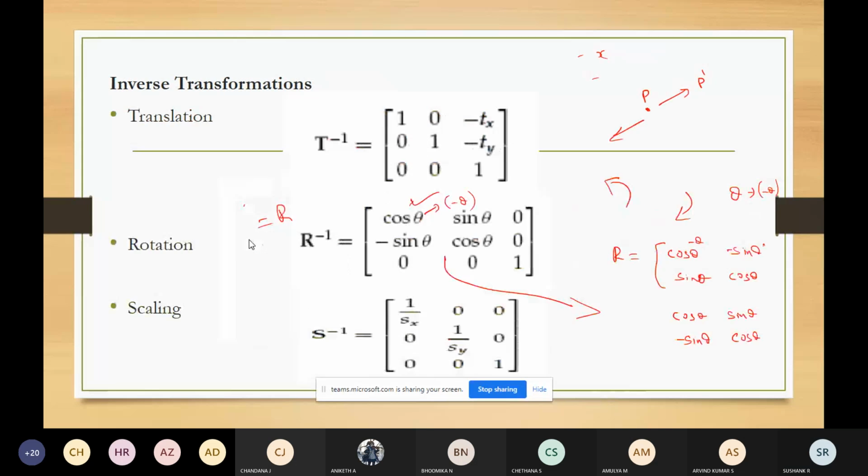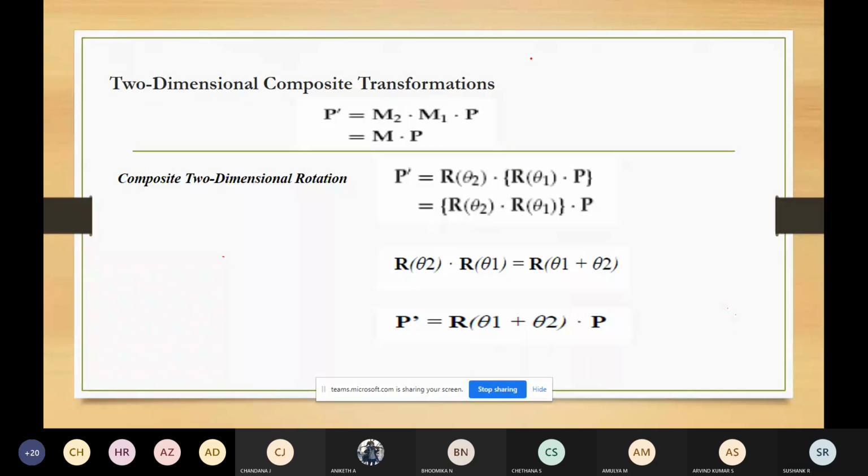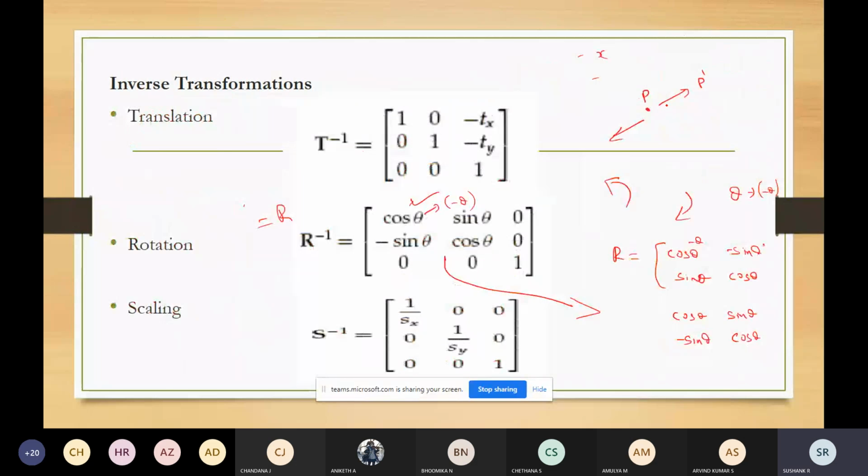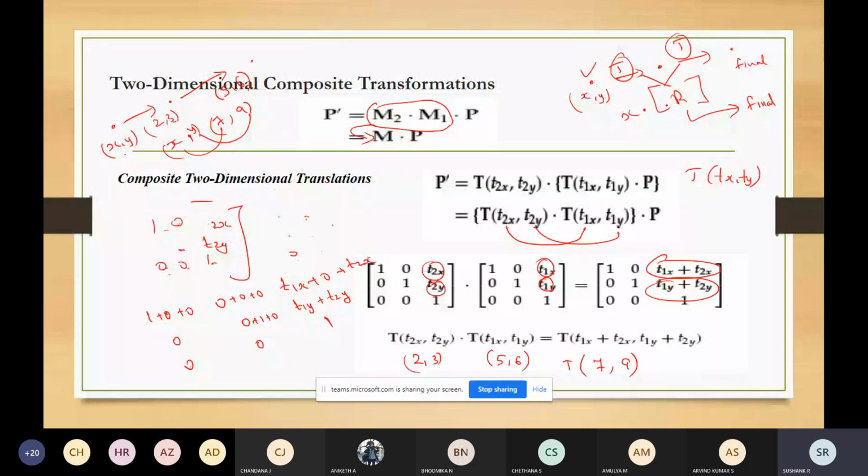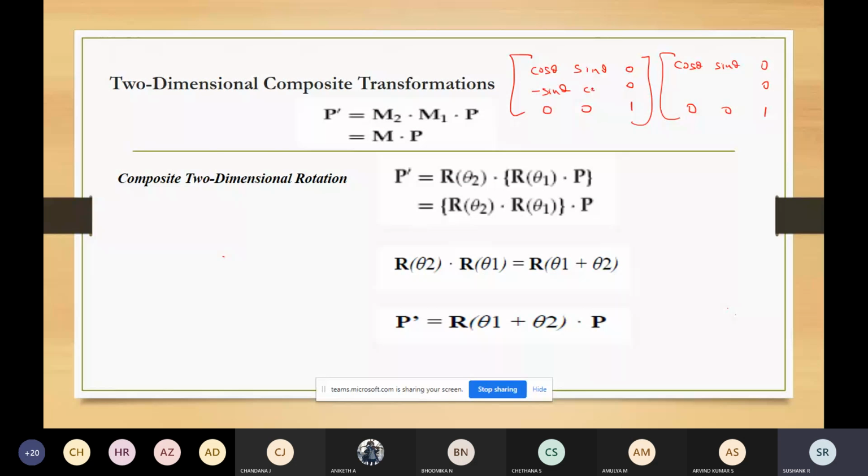So first write that: cos theta, sin theta, 0, 0, 1, again 0, 0, 1. Again you just check for the sign: cos theta, sin theta, minus sin theta, cos theta. So minus sin theta, cos theta.